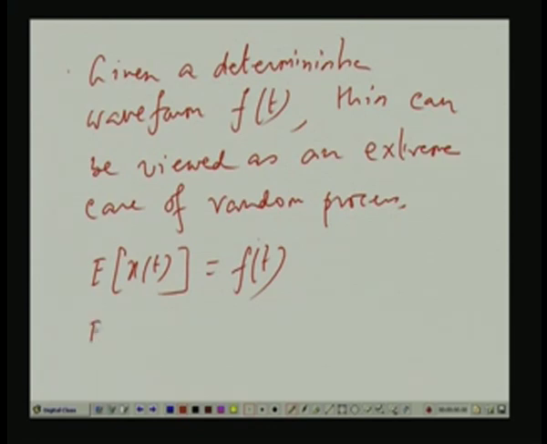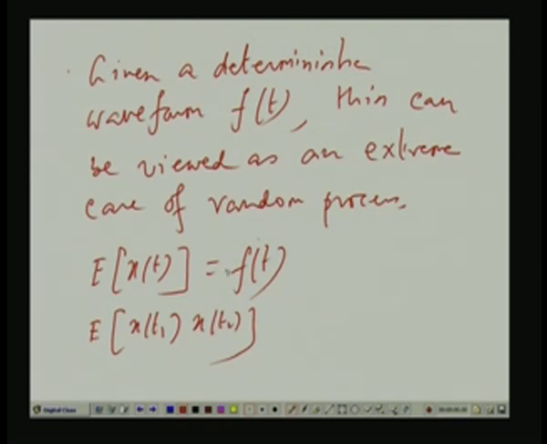Then, it is f of t1 for a particular experimental outcome, f of t1, f of t2, but for any outcome also it is f of t1, f of t2. So, if you take the expected value, x of t1 will take the value f of t1 with probability 1, or this product will take the value f of t1 into f of t2 with probability 1.